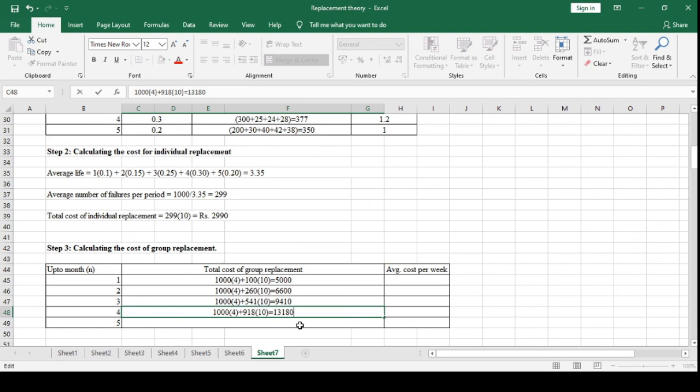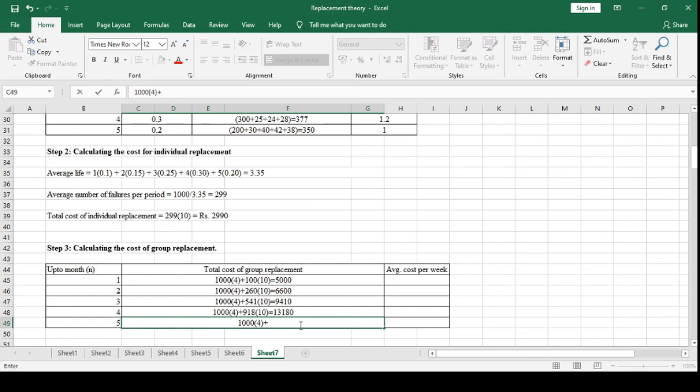For the fifth month, 1000 into 4 plus 100 plus 160 plus 281 plus 380 plus 350.